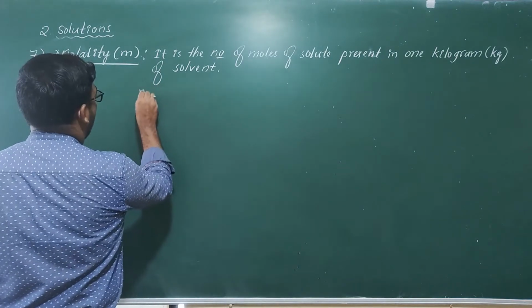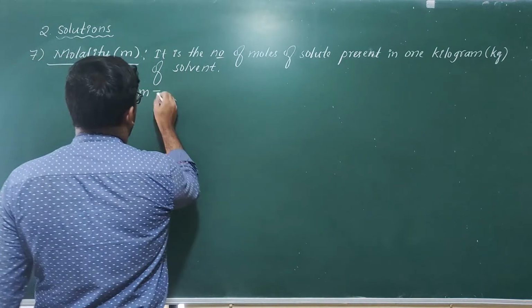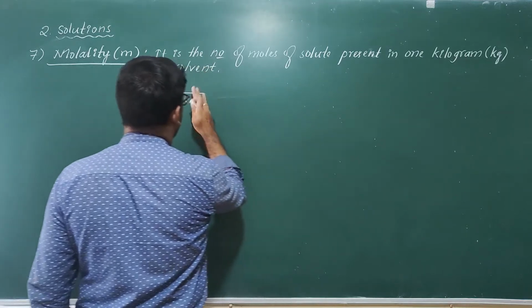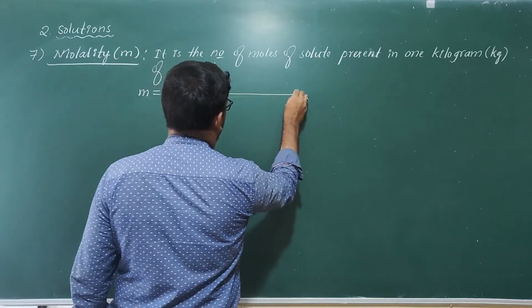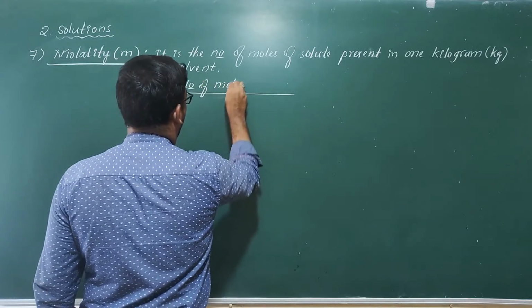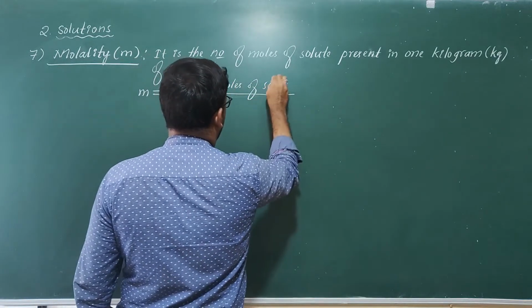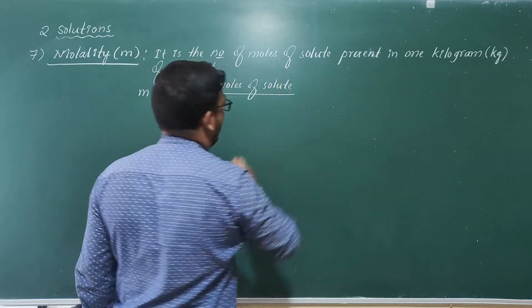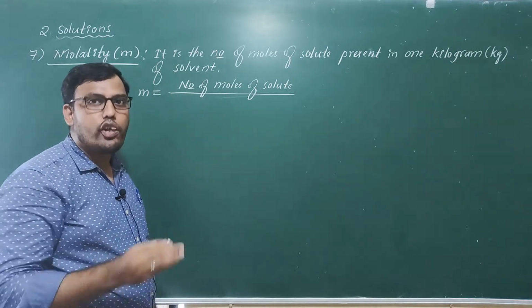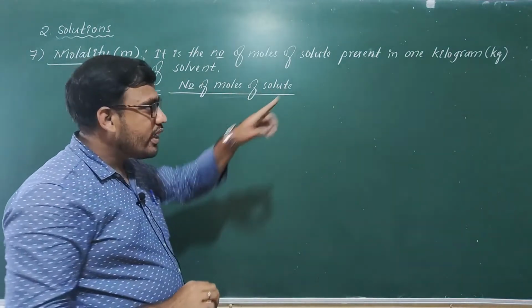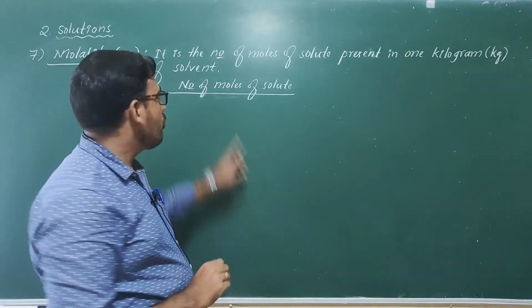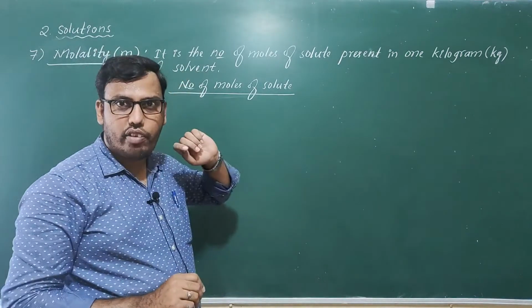So now molality small m can be given as, so numerator will remain same because once again we are having number of moles of solute. So therefore in numerator number of moles of solute, that is common. See, in molarity we are having liters, that is the volume of solution. So here kg is the unit of what? Unit of mass. So mass of what? Mass of solvent.